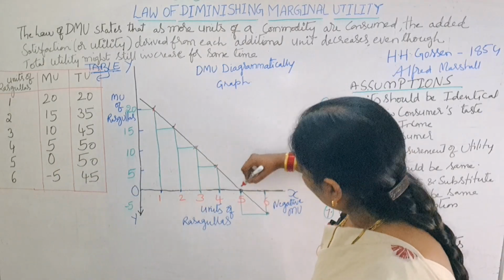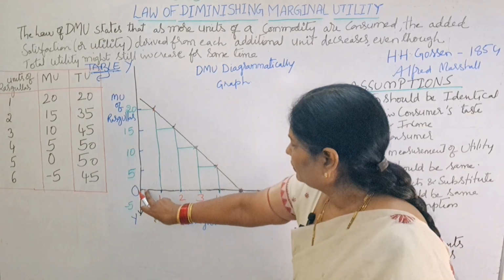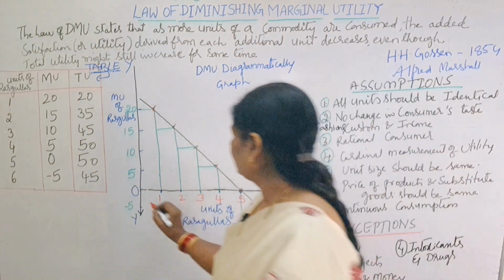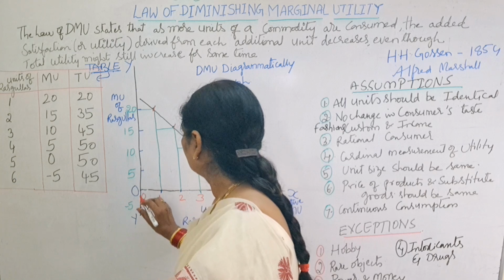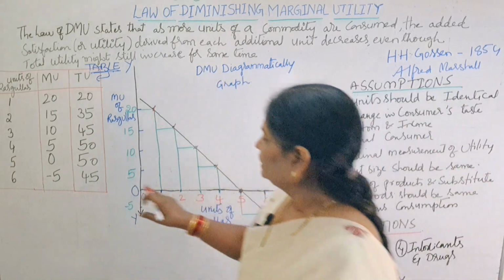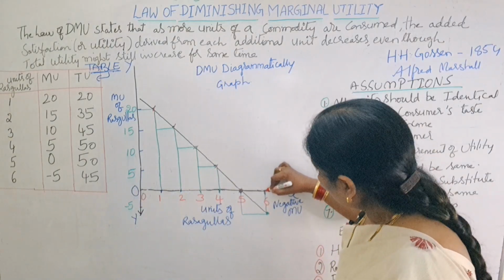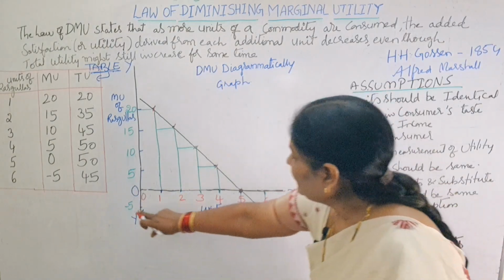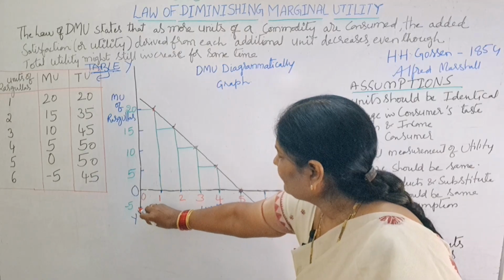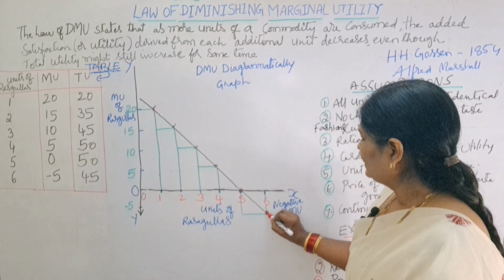So at the fifth rasgulla, it is 0, right? Next, at the sixth rasgulla, it is negative. So at the sixth rasgulla, we are showing -5. Where is -5? Here.